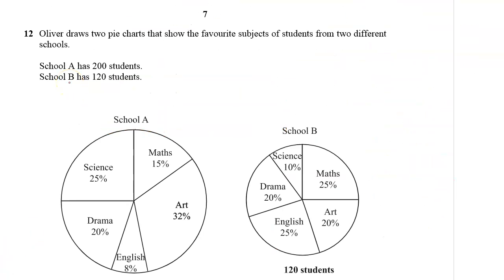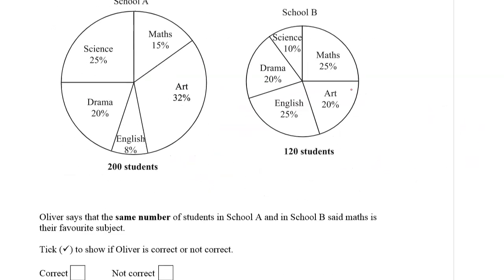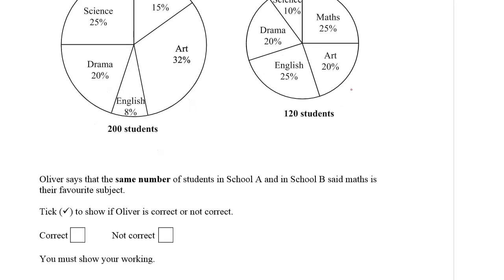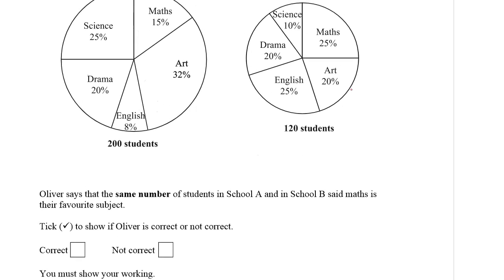Number 12. Oliver draws 2 pie charts that show the favorite subjects of students from 2 different schools. School A has 200 students. School B has 120 students. Oliver says that the same number of students in school A and in school B said maths is their favorite subject.